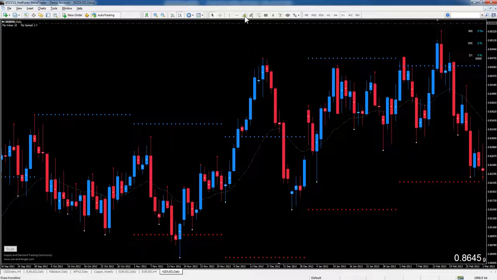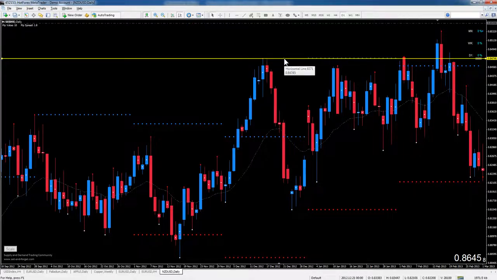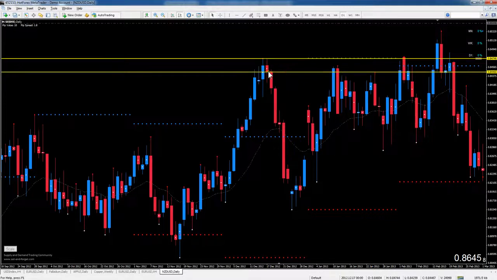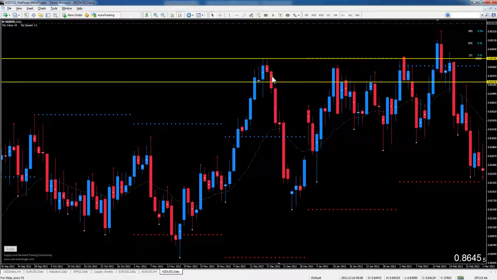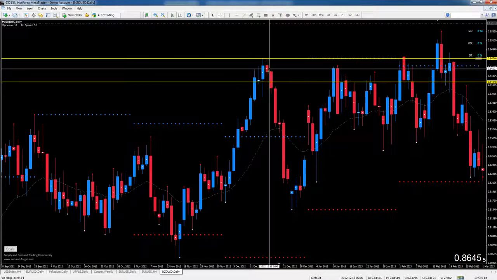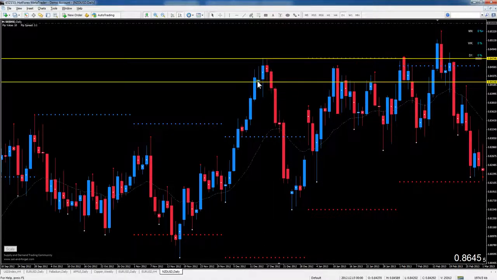So we look left to the candle that is engulfed, which is this one, and then we mark the highest high of that area, and then the lowest low of that first candle to the left. Are there any other candles that close within the range of the first candle? One, two, three. So we take the lowest open or close of the candles within that range, and that is the level.